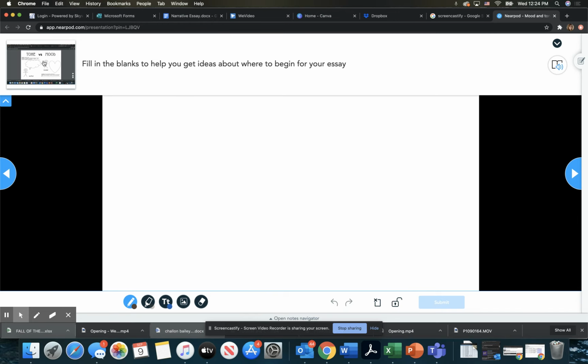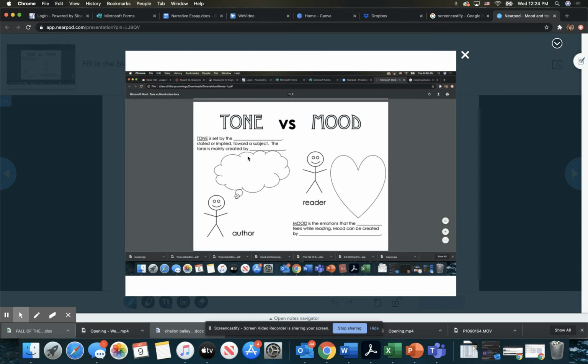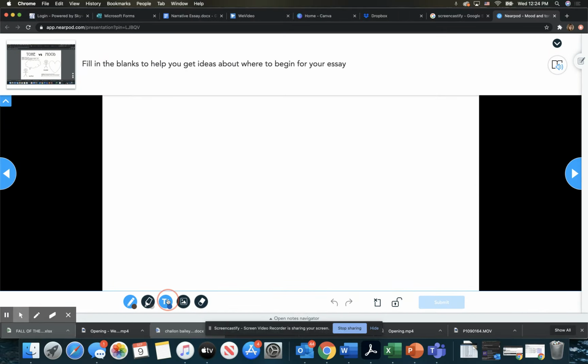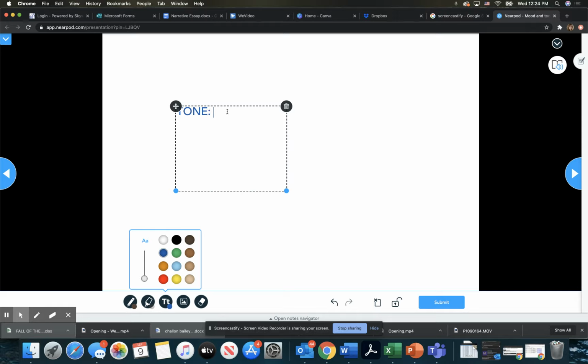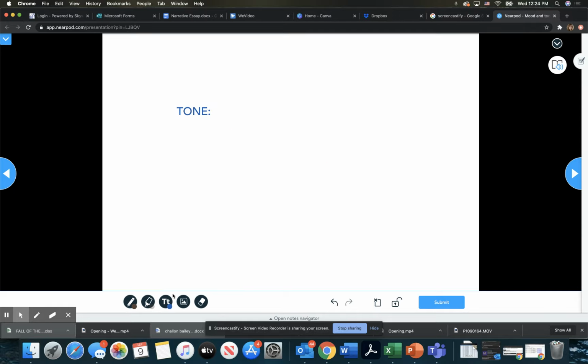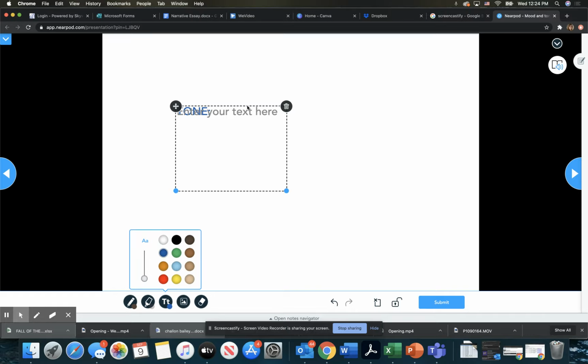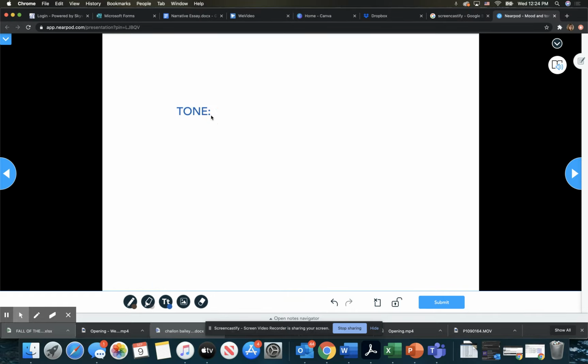So we have this graphic right here, and I want you to think of this as what are some ways that we have tone over here, and then we have mood on the other side.